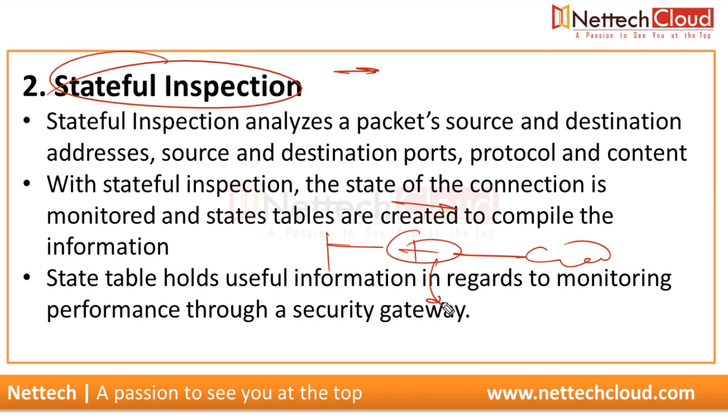No, if it allows the traffic, then immediately it takes down the information from the packet, like the source IP, destination IP, source port, destination port, protocol number, and the flag in case of a TCP based application, sequence number, and it's written down here in the session state table.